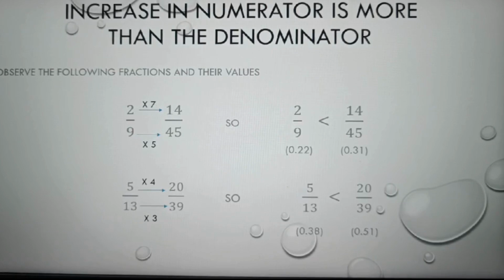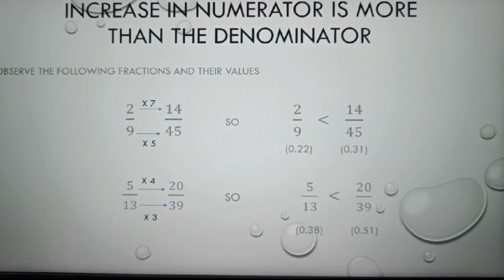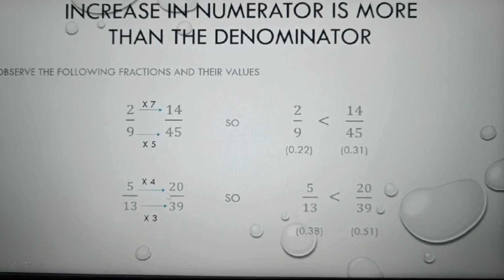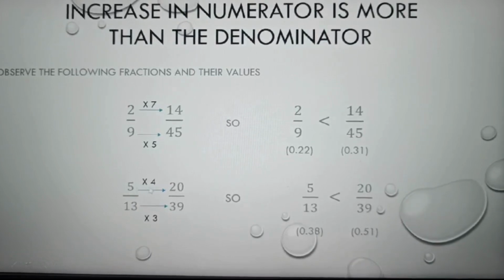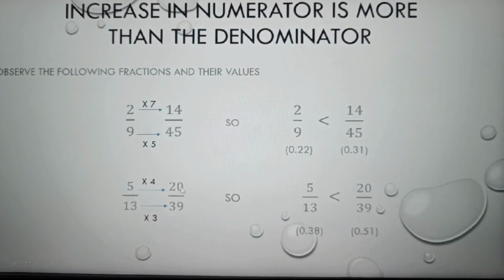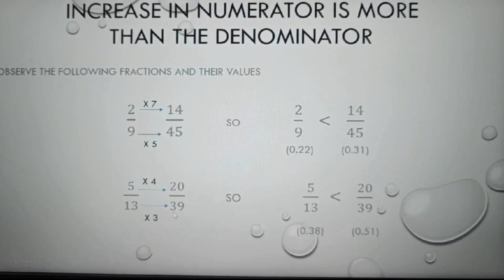Similarly, the fraction 5 by 13 is compared with 20 by 39. Here 5 is increased 4 times and becomes 20, and 13 is increased only 3 times and becomes 39. So the increase in the numerator is 4 times and the increase in the denominator is 3 times.